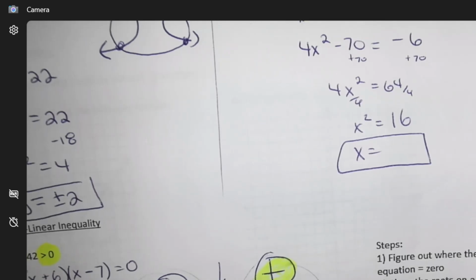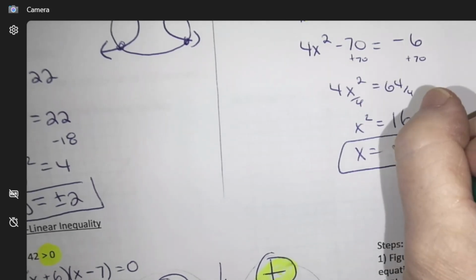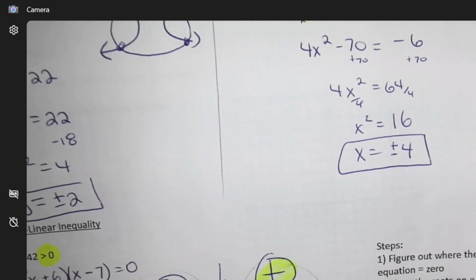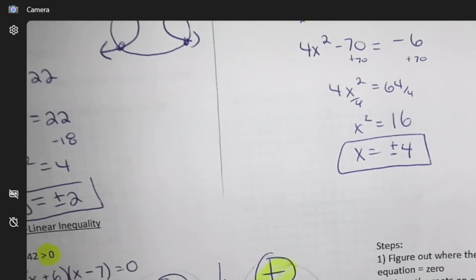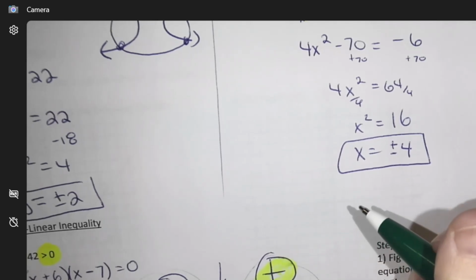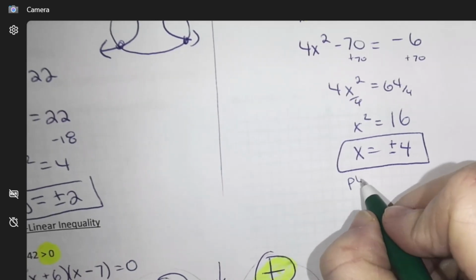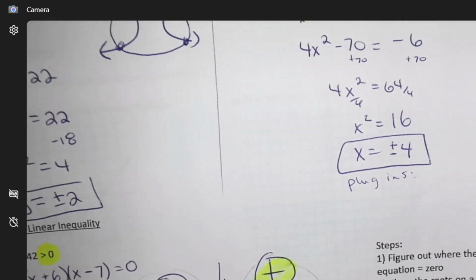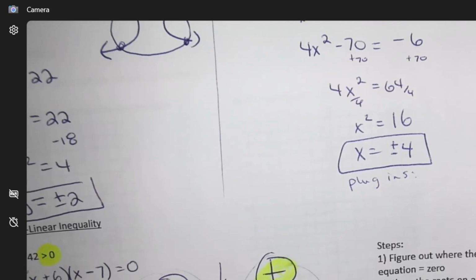Be careful with your squareds. Remember what to do. This could have been a positive or a negative 4. Okay, what do we always do at the end? Plug-ins. Okay, so you're going to have to do a plug-in for 4 and for negative 4.